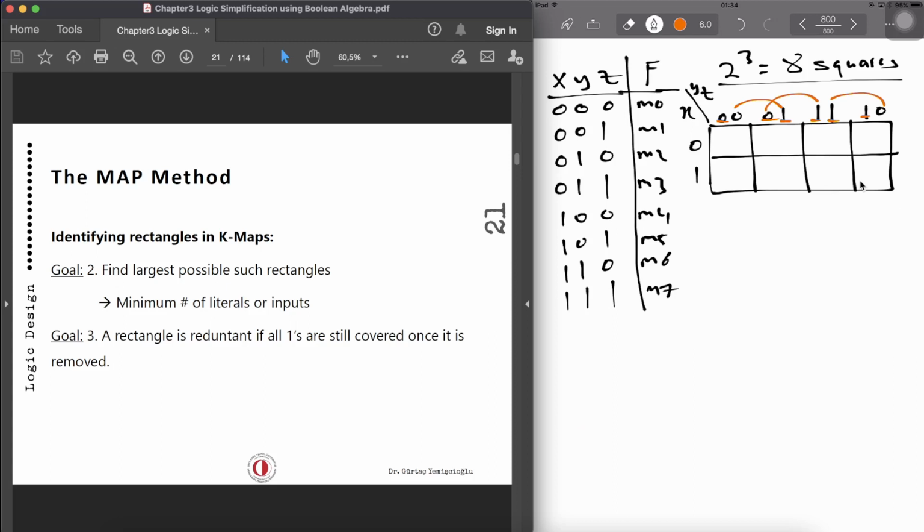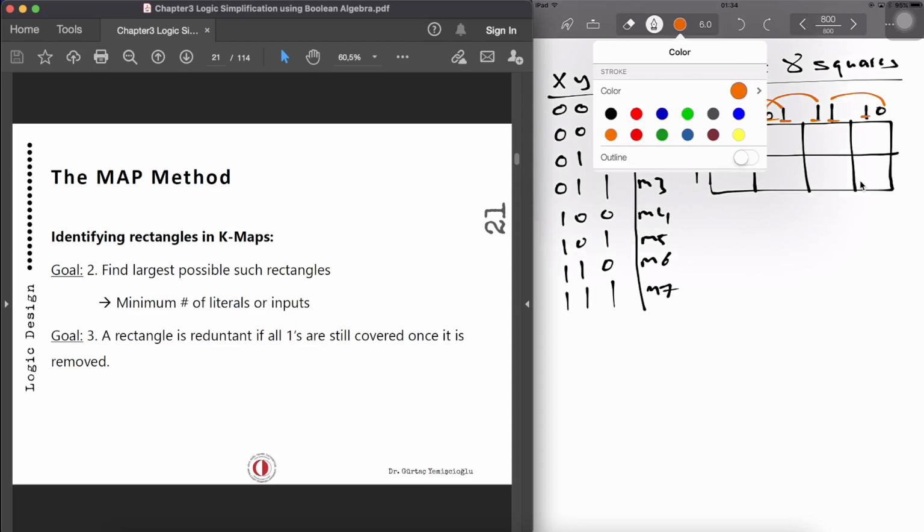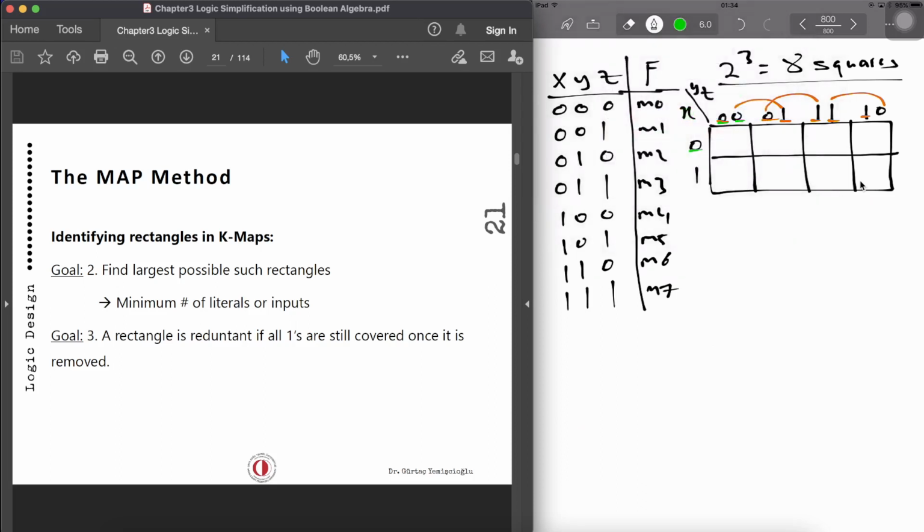Now in this case, let's change the color. 0, 0, 0 is minterm 0. 0, 0, 1 is minterm 1. 0, 1, 0 is minterm 2 over here. And 0, 1, 1, which is this one, is minterm 3.